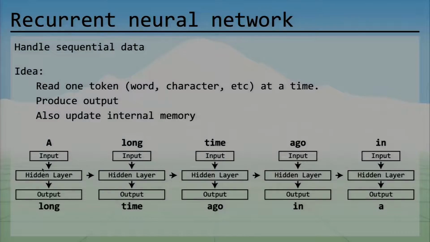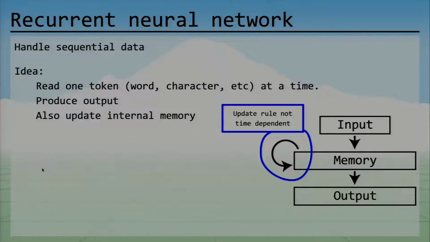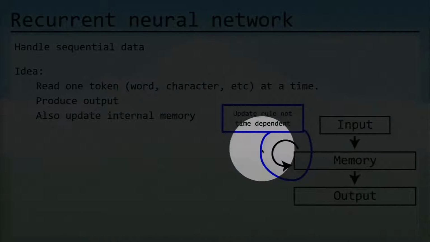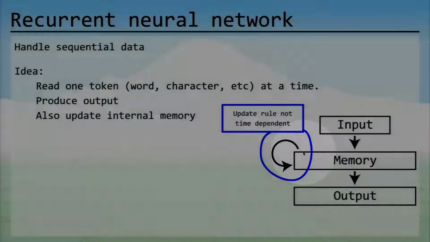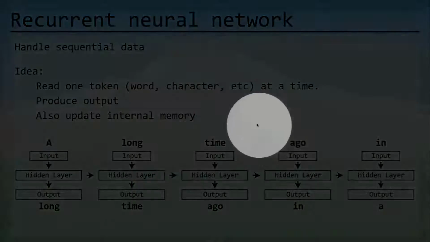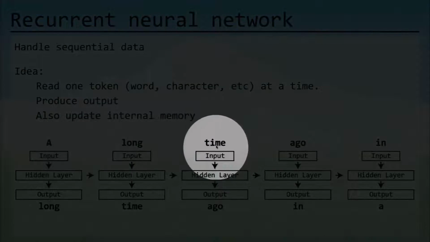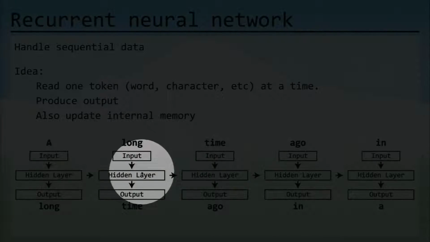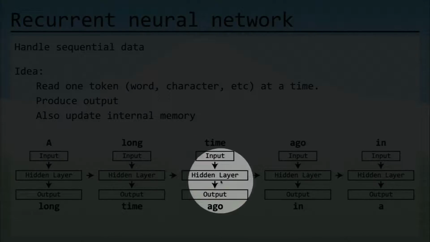We can think of this as some kind of memory that we have. So for running this neural network, we have some update rule to our memory that depends on our input, but we also have some update rule that depends on what the memory was at the previous time step. As we read through this sentence, it says a long time, and when we process time, we make some update to our memory, but we also just read the word long, and so maybe we have some memory that gets forward propagated.